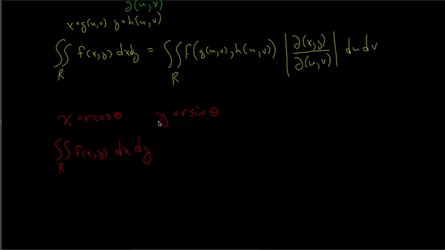So let's look at our Jacobian for r and theta. So we're going to look at the partial of x with respect to r, sorry. It's r and theta, right? X is a function of r and theta, y is a function of r and theta. I'm going to look at x with respect to theta. I'm going to look at y with respect to r, and y with respect to theta.